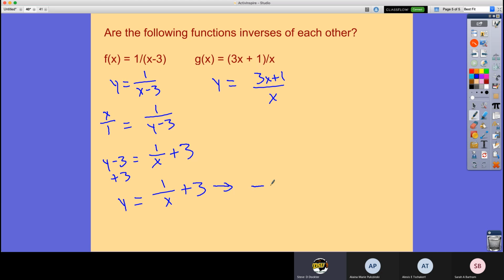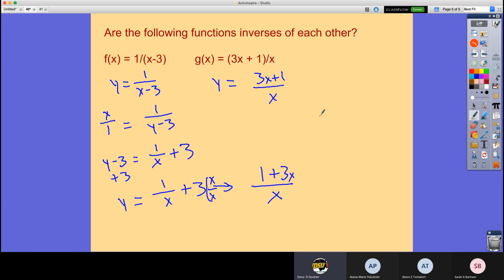We've got to get a common denominator here, which means we need to take this 3 times x over x, which then would give us 1 plus 3x over x. Now, those are the same, aren't they?